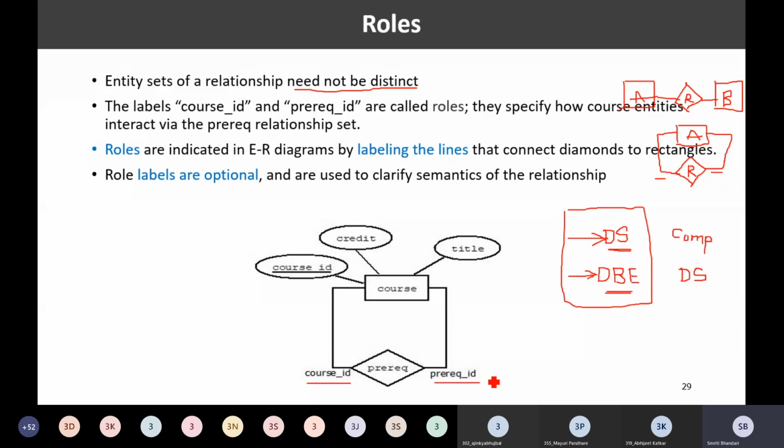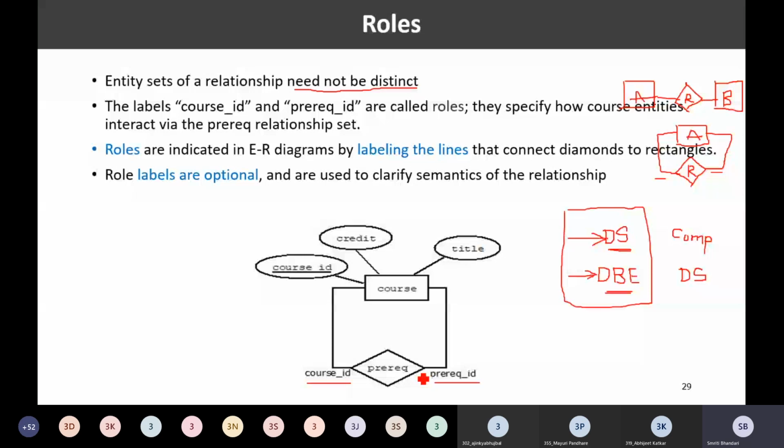Obviously for this relationship, we need to have one entity set course that is participating twice, once as the course itself and once as the prerequisite course of that particular course. So the relationship set indicates which course is the prerequisite for which course. That is what we would like to depict with this relationship prerequisite.